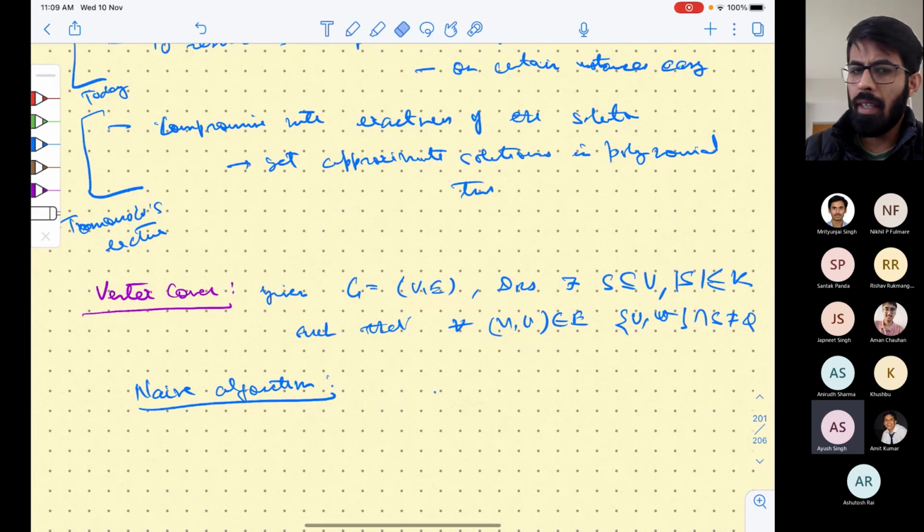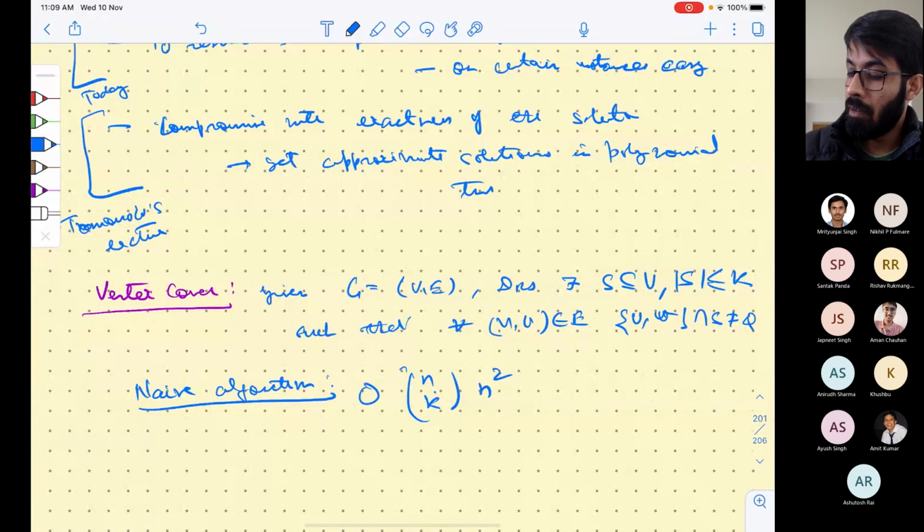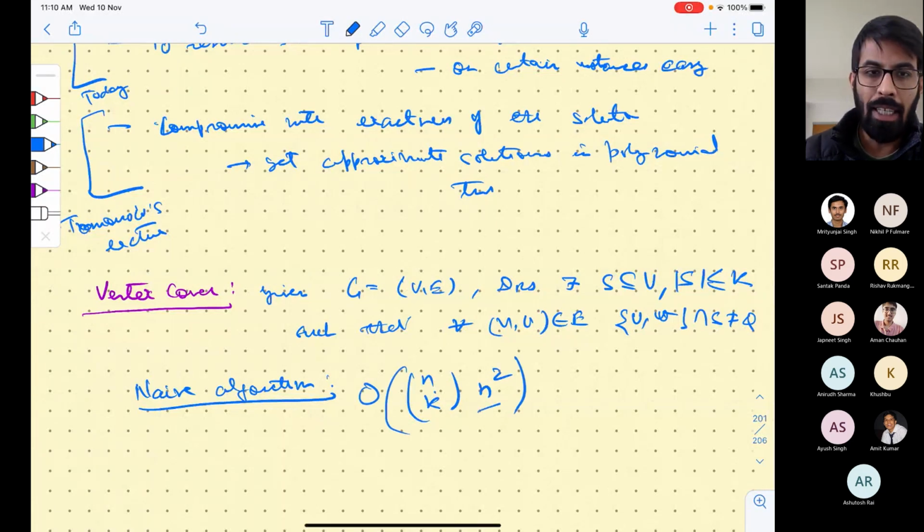Good, but then we don't need to go for every subset, right? We can only go till subsets of size k. So what we can do is n choose k, and then maybe n square for checking. Let's say n square is a bad bound, but let's say n square.